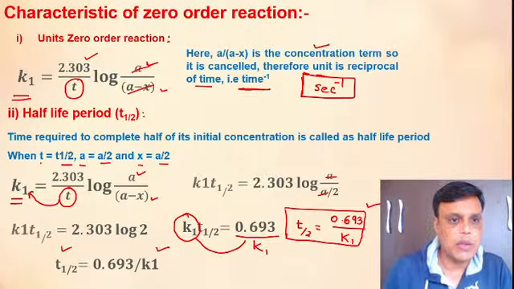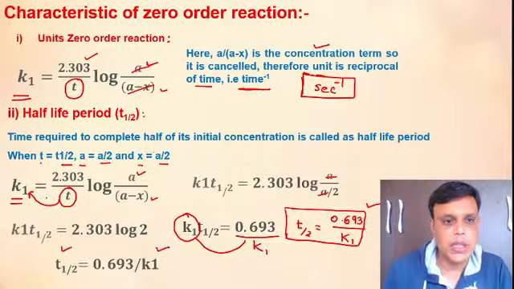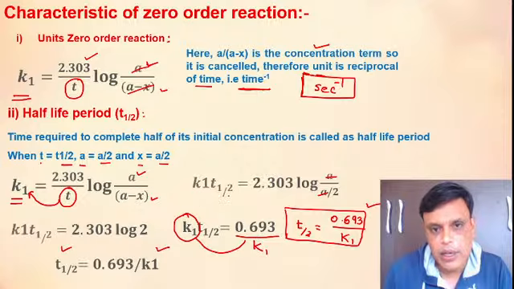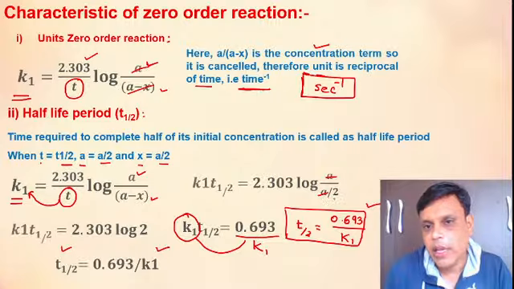And when t is equal to t half, a minus x is equal to a by 2 and x is equal to a by 2. Start with this equation: k1 is equal to 2.303 divided by t into log a by a minus x. If you transfer this t to the left hand side and put the value a minus x equal to a by 2, you will get k1 t half is equal to 2.303 log of a divided by a by 2.